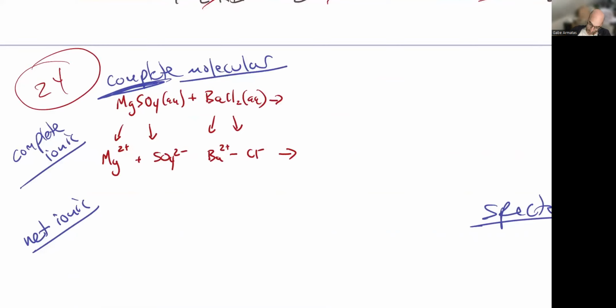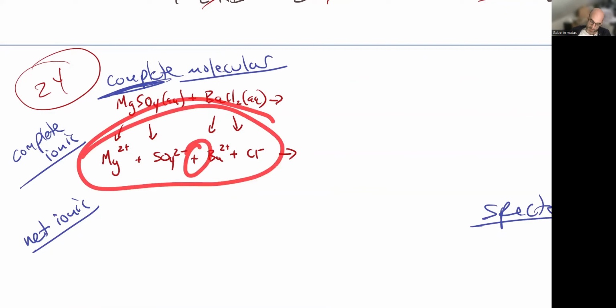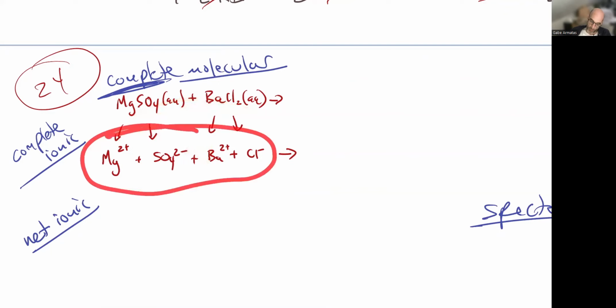Okay, so if we combine those two things together. Magnesium and sulfate were together before we mixed them, and they don't interact. I mean, they interact together because they're a solid, but once they're in solution, they go their separate ways. Once all of this is in the same solution together, I have all four of these ions.